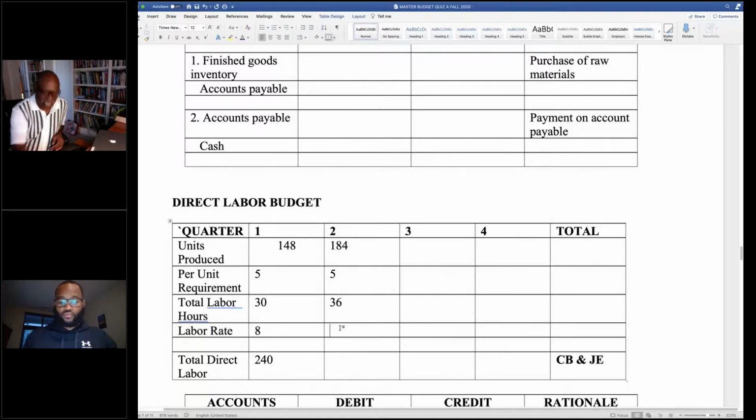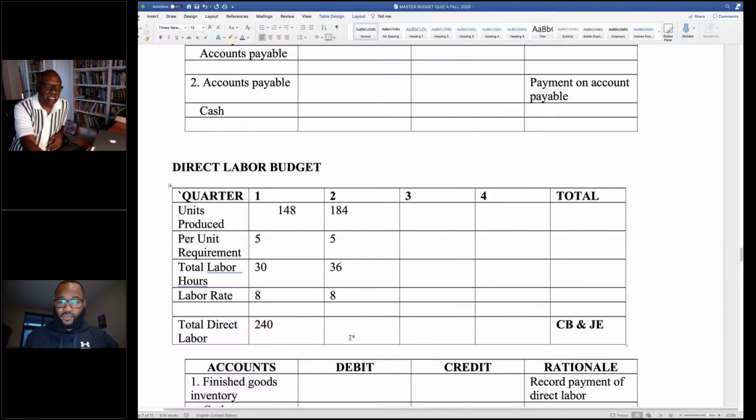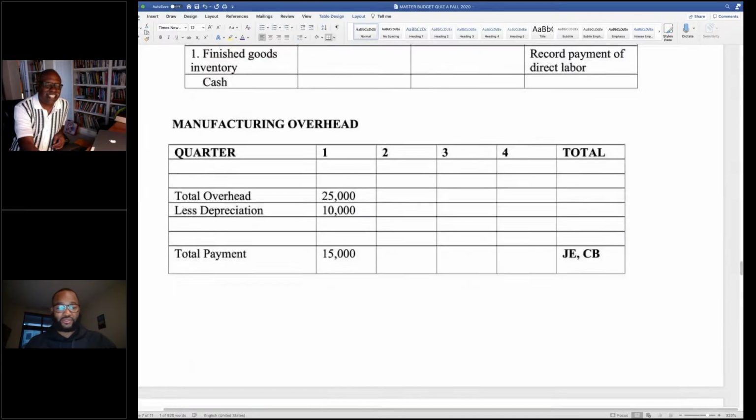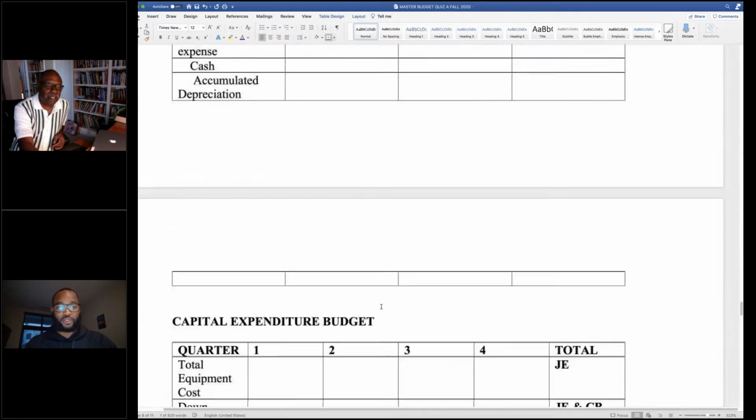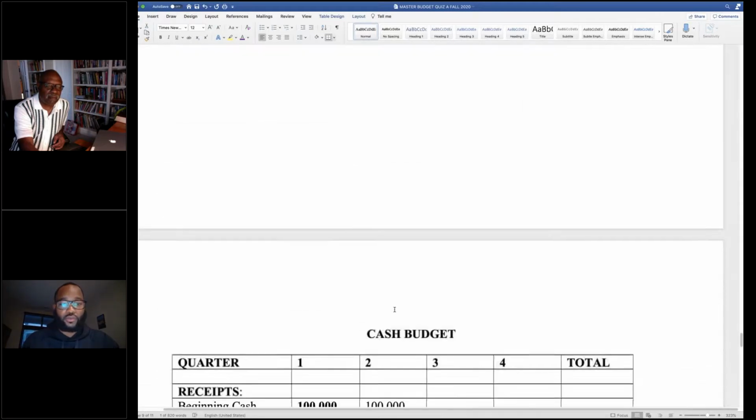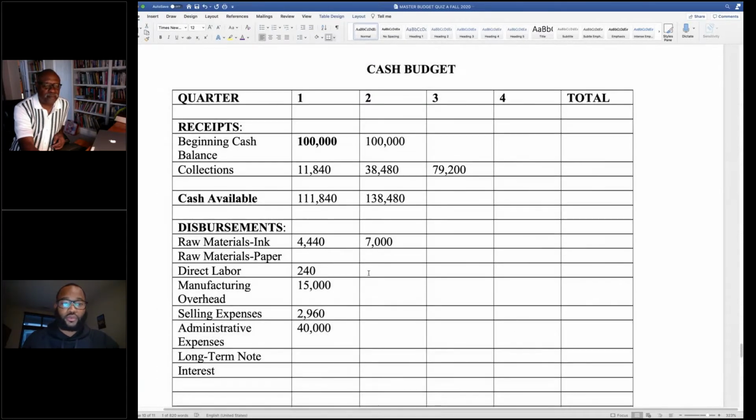Labor rate, $8. That doesn't change. So what are we going to pay them? 36 times 8. $288. We copied it, 288, and we just paste it right here.